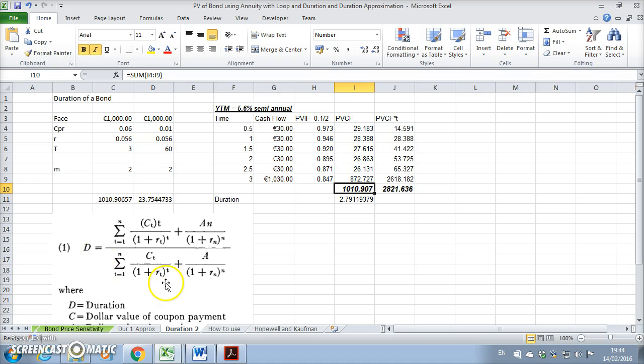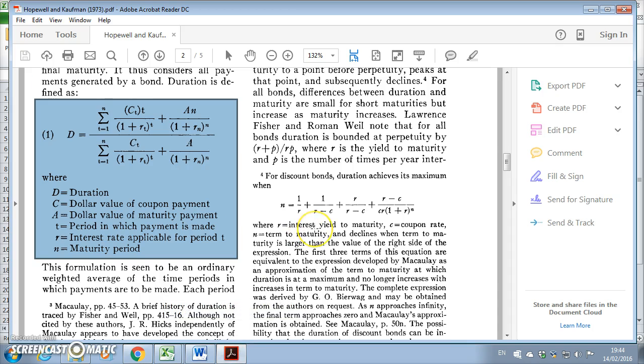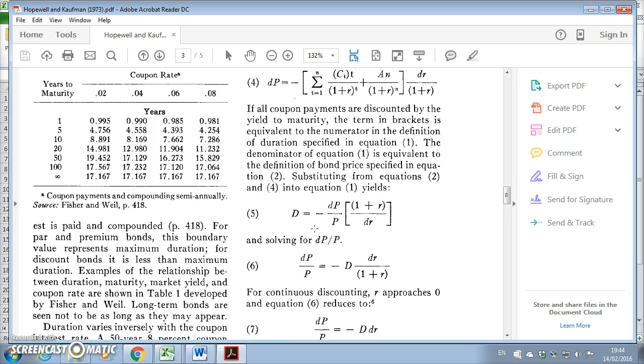But an alternative approach suggested here by Hopewell and Kaufman relates back to this type of structure.